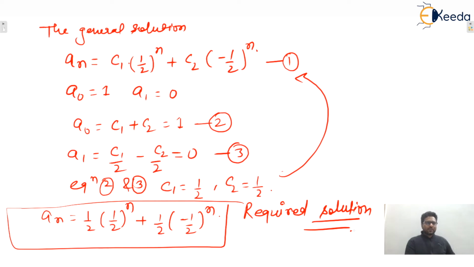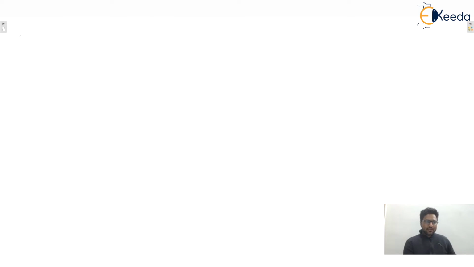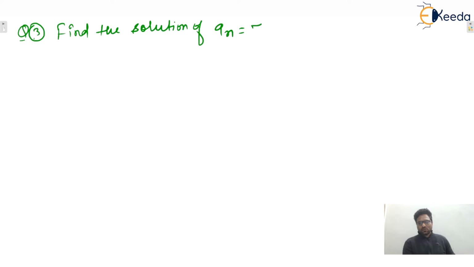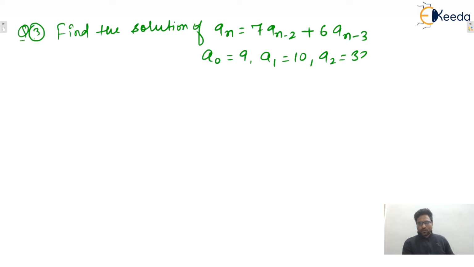Let us take one more example. Find the solution of a_n = 7a_{n-2} + 6a_{n-3}, where it is given that a_0 = 9, a_1 = 10, and a_2 = 32.